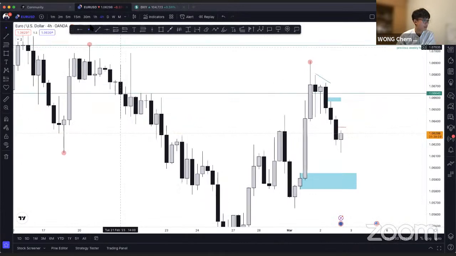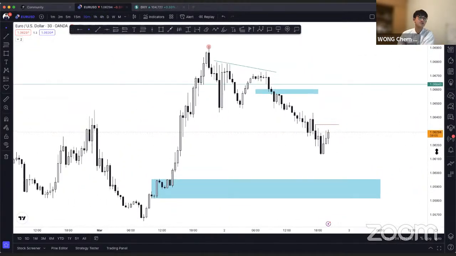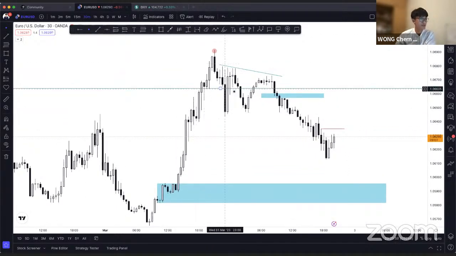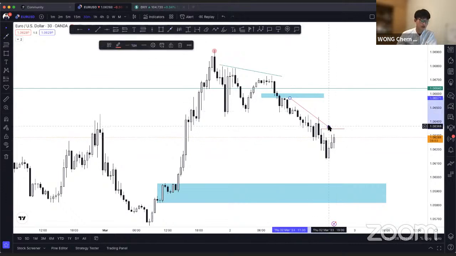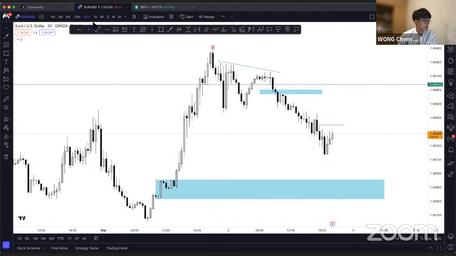We see price taking that out, and we see some bearish continuation happening in the market as of currently on the 30 minute time frame. We see some very slow bearish price action coming down here. Personally, I believe price will have to come up to grab some kind of liquidity before price makes a marked move to the downside.